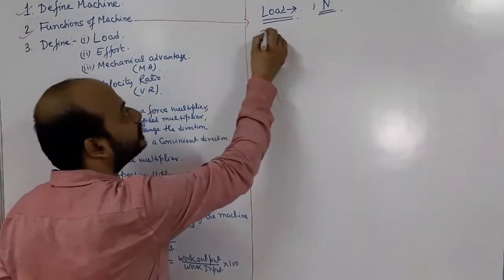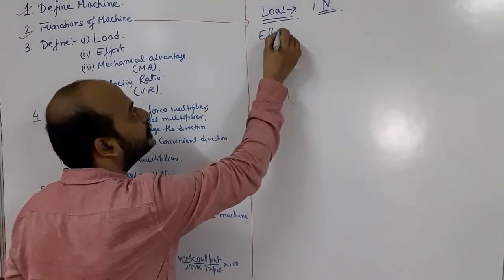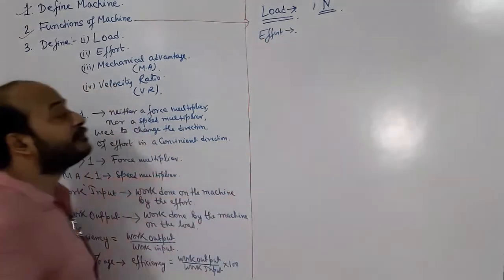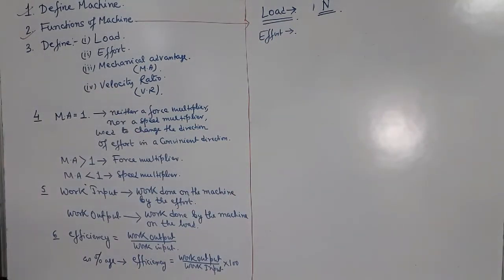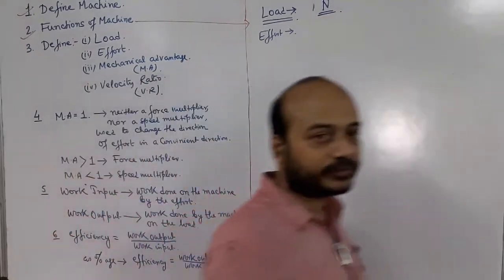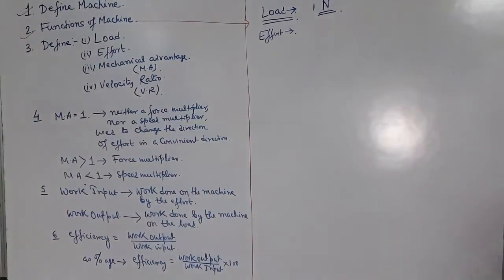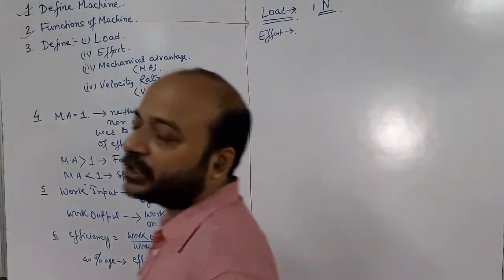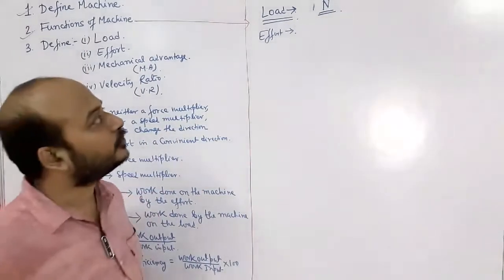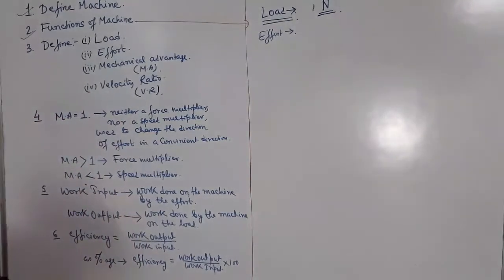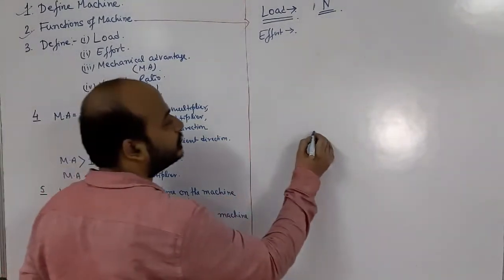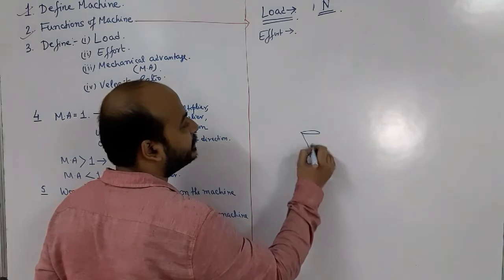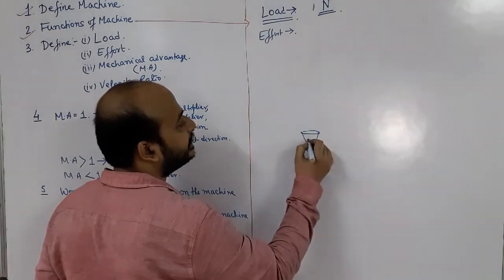Similarly, effort is the force given to the machine to overcome the load. That means the applied force, the force that we apply to the machine to overcome the load, is called effort. Simply we can say that the bucket, for example, is the load.